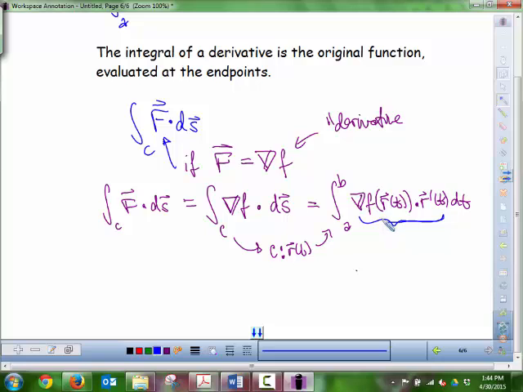This here, what does this thing look like? It's a scalar. The result's a scalar. Close, but not quite. 10 seconds, go.